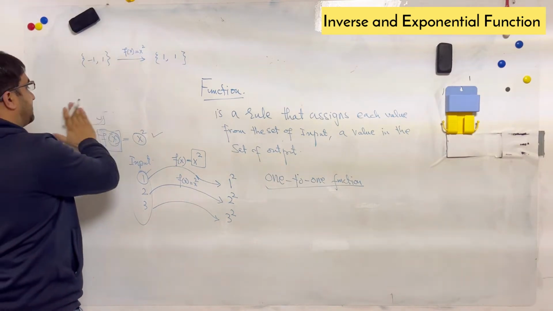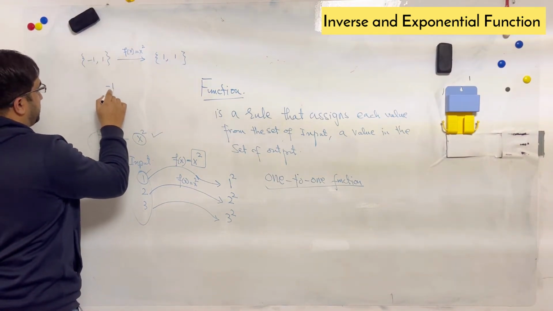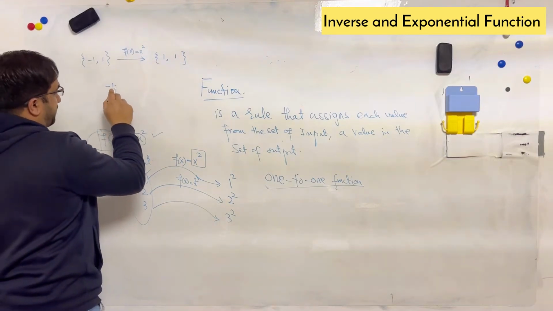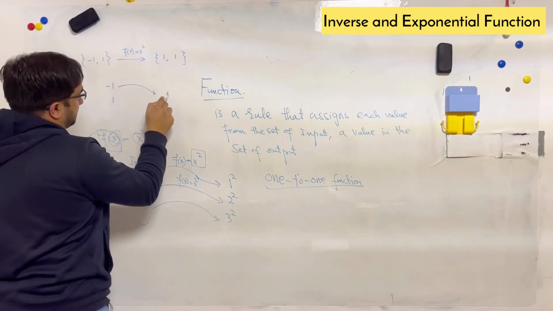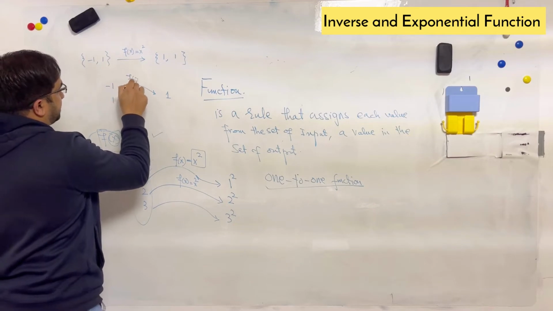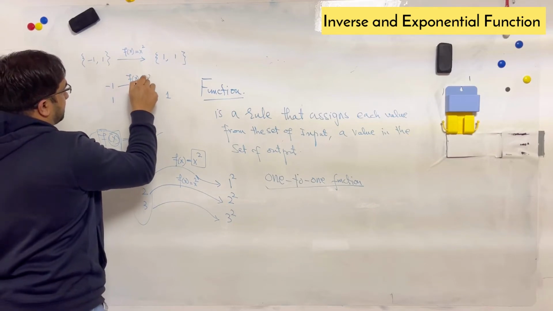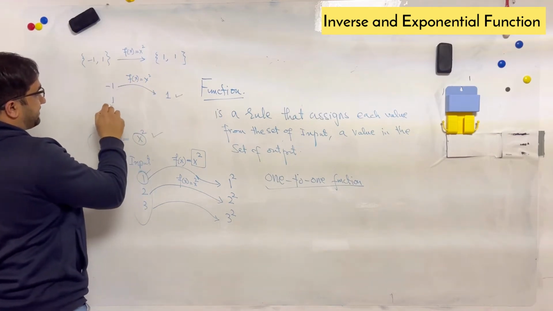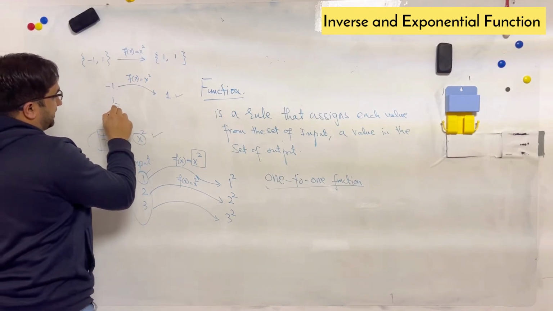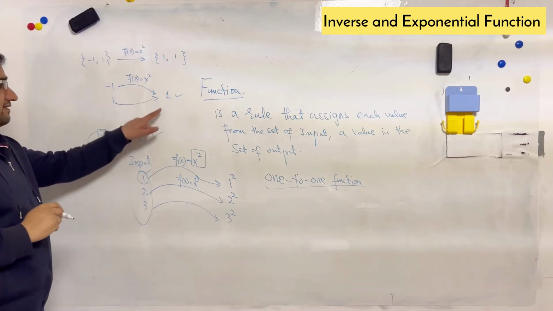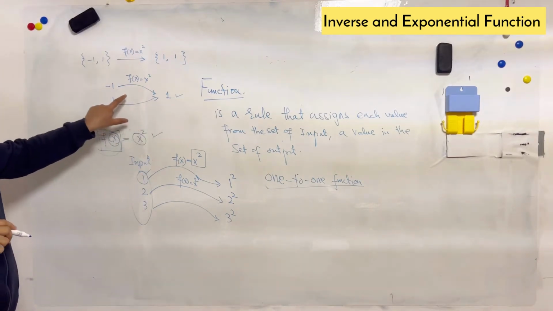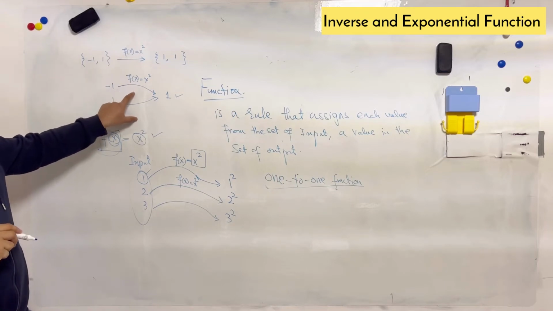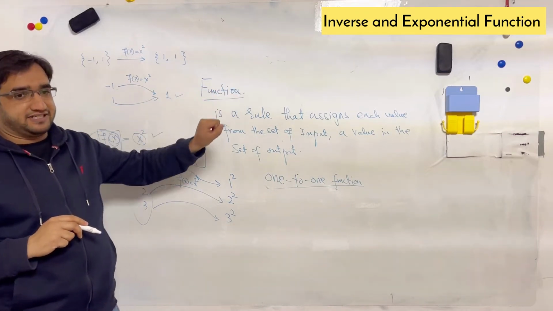It means that there were two inputs in the set of input, and when I process them through a function, this was the function. When I processed minus 1, it gave me this answer. When I processed plus 1, again it gave me the same answer. Now this is something further ahead of this definition of the function.